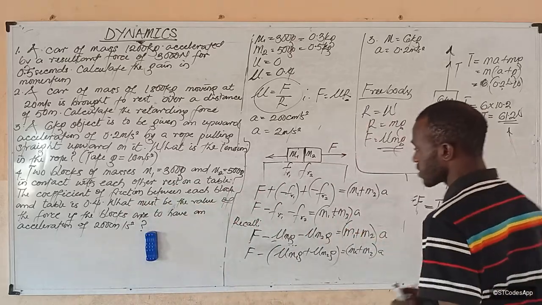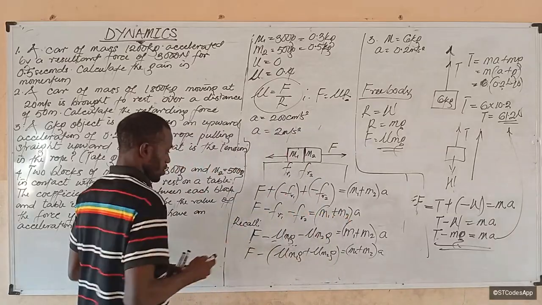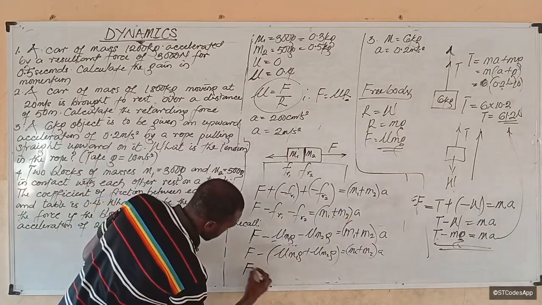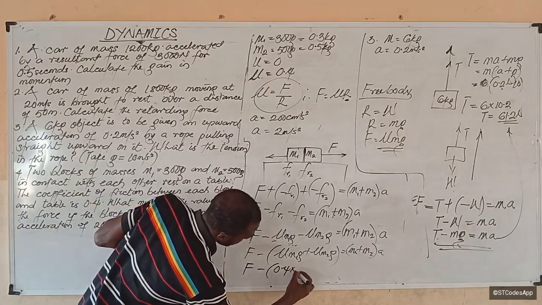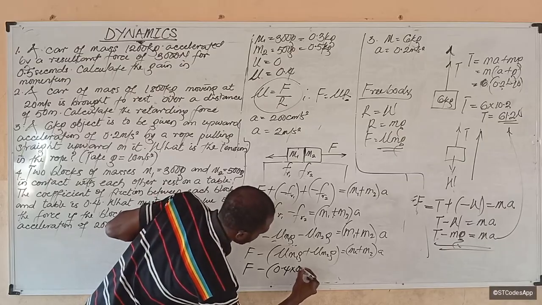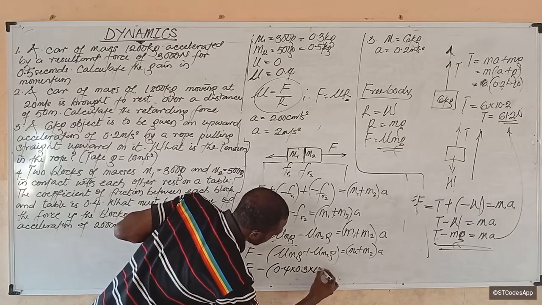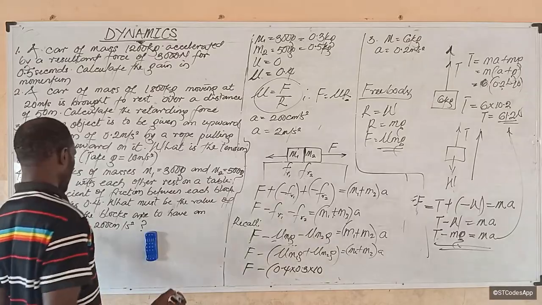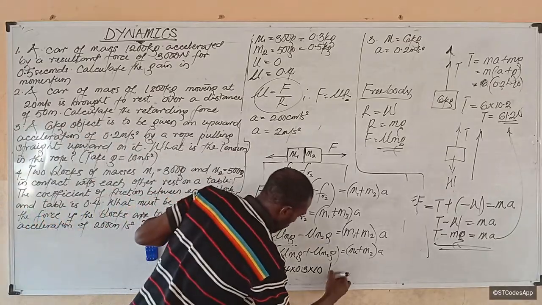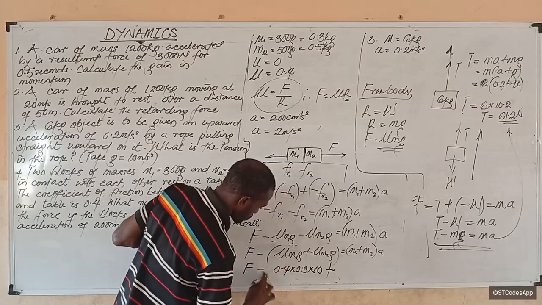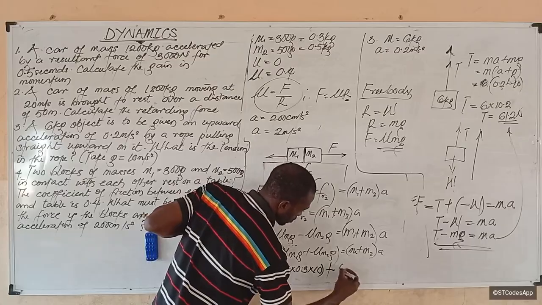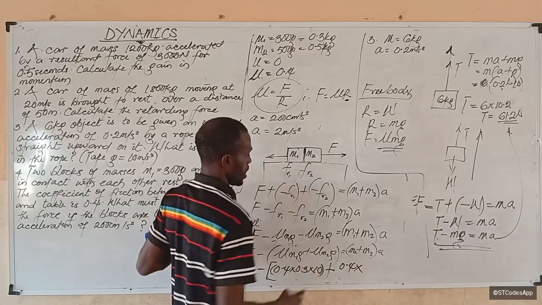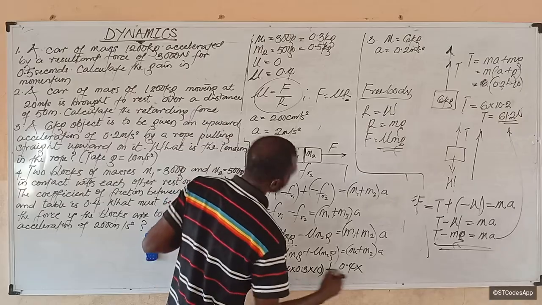Alright, so if this be the case, then F will be equal to F rather minus mu 0.4 times m1, 0.3, times g, which is 10. We're taking g to be 10, okay? Plus, let's use a square bracket here. Then 0.4 again times m2, which is 0.5.